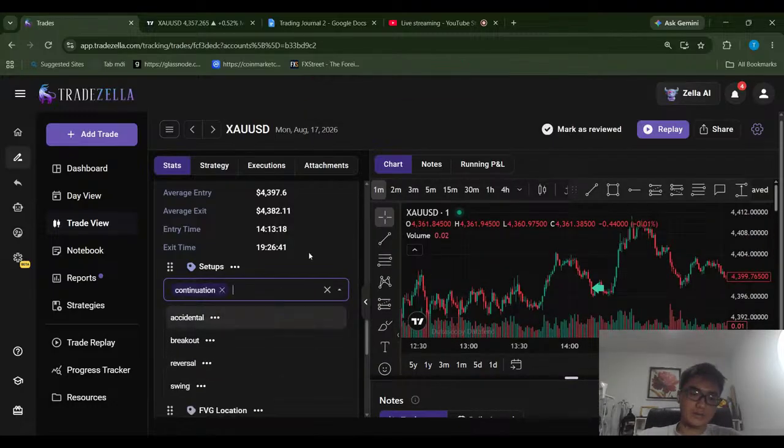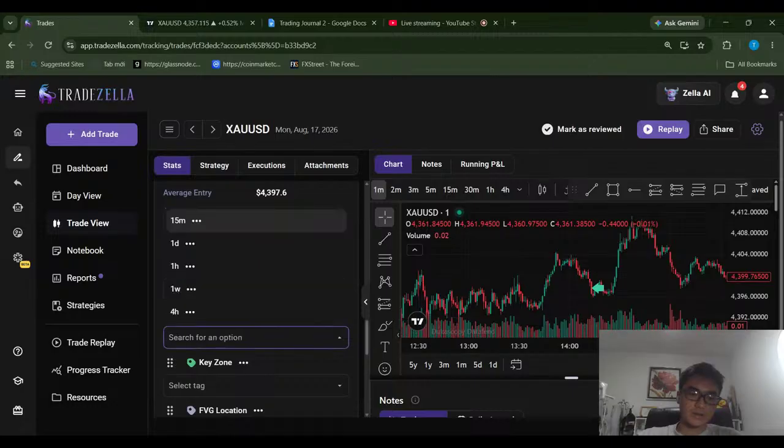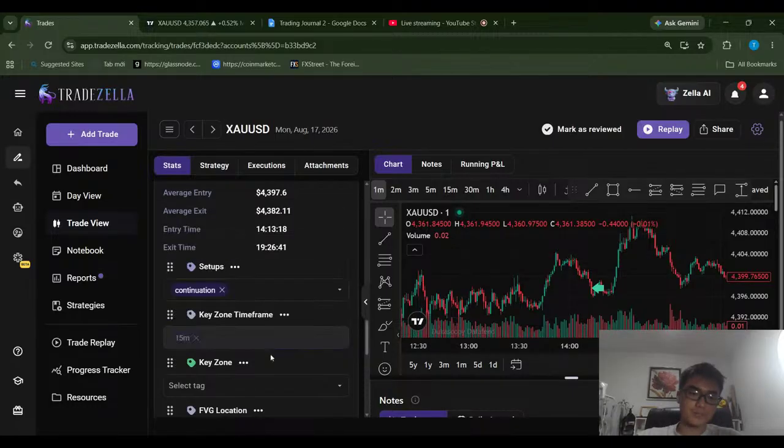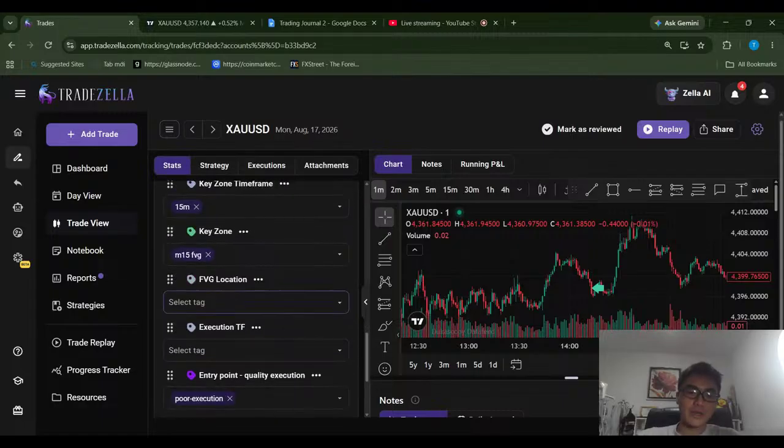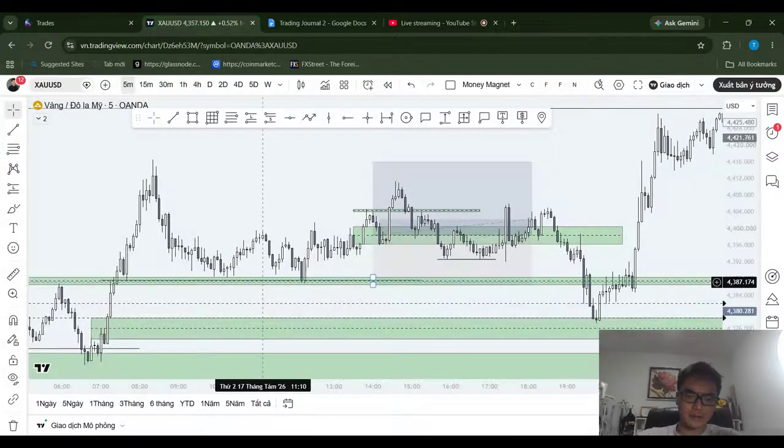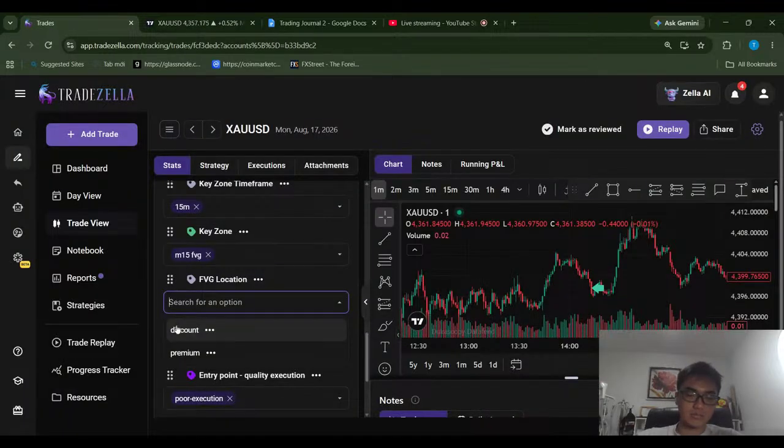It's just like continuation. The key zone time frame is the 15-minute time frame. The key zone is the FVG. For the FVG location, this is in the discount.